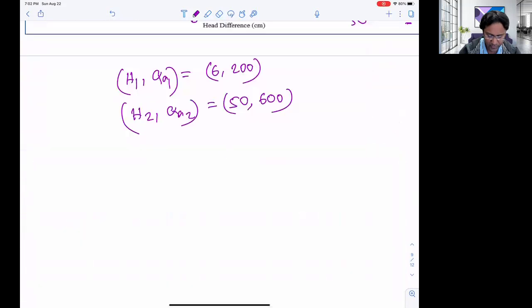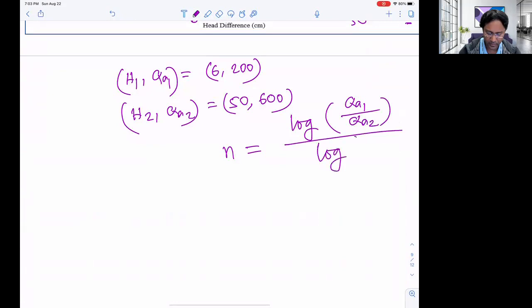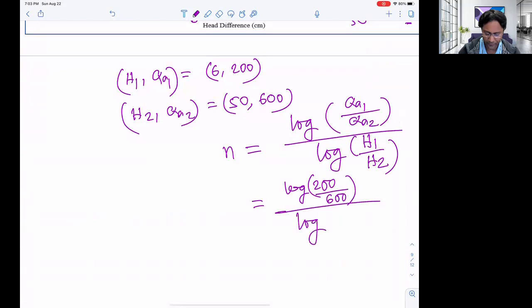So what is the equation we just saw? n is equal to log of QA1 divided by QA2, divided by log of H1 divided by H2. So if I put these values in the equation, we'll have log of 200 divided by 600, divided by log of 6 over 50, right?